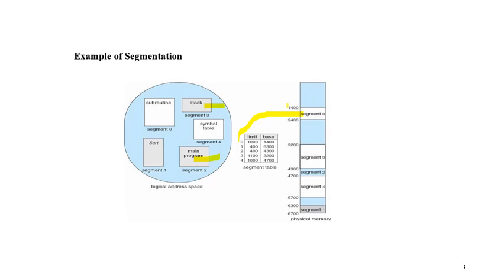Within this, segment 0 will be found. Next, coming to segment 1, it is present here, and the limit goes up to 6700. This segment can be found here, and so on. I hope you all understood this example.